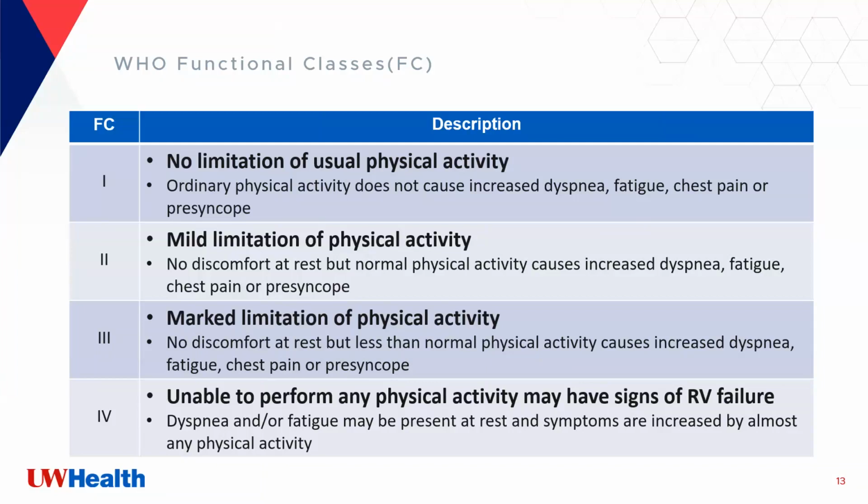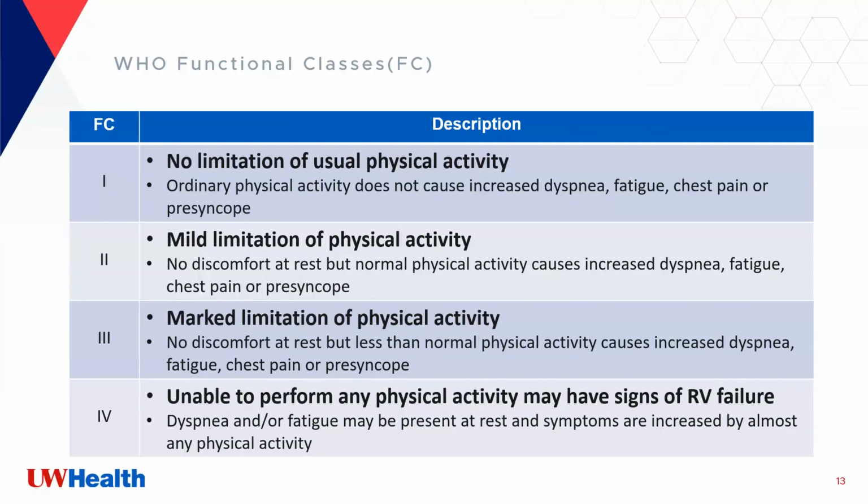You can see that WHO class is kind of similar to the more commonly known New York Heart Association that describes functional class of patients in heart failure. The New York Heart Association and WHO classifications are actually interchangeable, but for purposes of pulmonary hypertension, clinicians refer to WHO classifications instead.